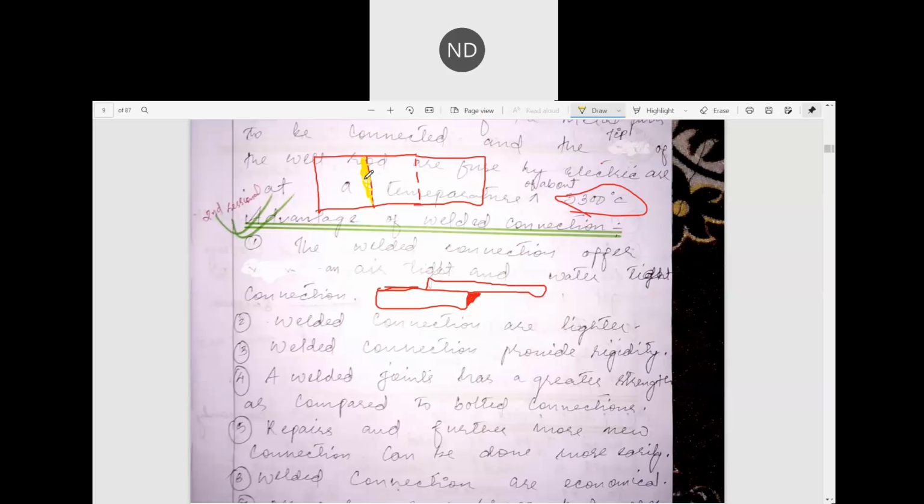That means if you see from the top, this is your welded connection. Welding is done here and then these two plates are connected. And from the side, you're looking at this portion.